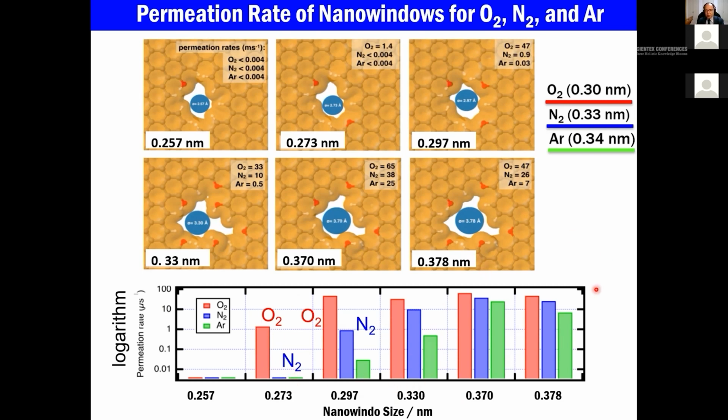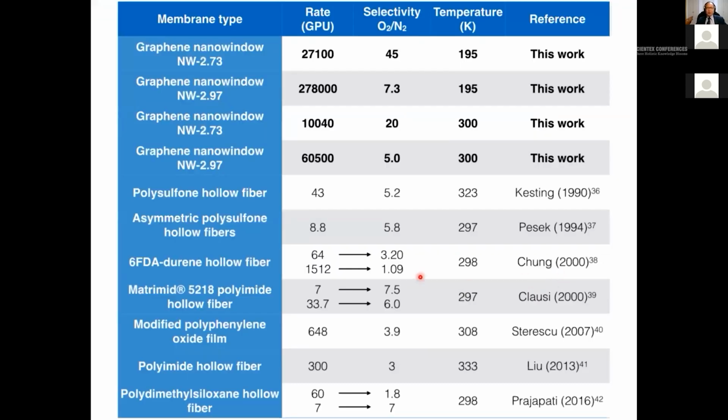But for the larger ones, oxygen, nitrogen, and argon can all permeate, so the selectivity is not so great. But for the very small nano windows, for example the 2.73 angstrom, 0.273 nanometer case, the permeation rate is 10,000 GPU, very huge, keeping a high selectivity of 20.